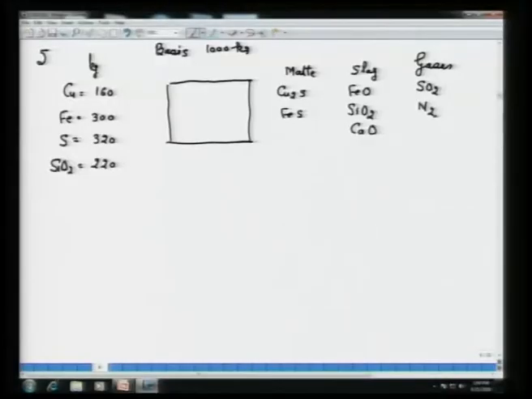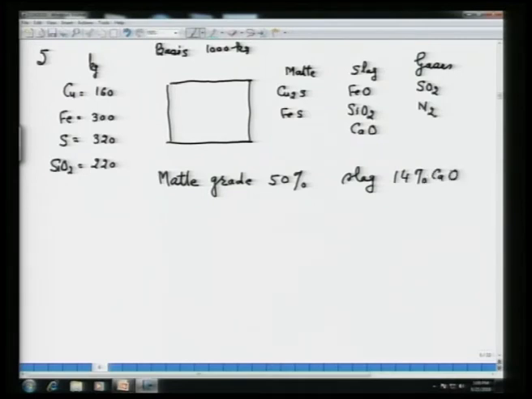The matte grade is given, that is 50%, and it is also said that the slag contains 14% CaO, which is formed by the addition of limestone. Now, we have to calculate all their amounts.